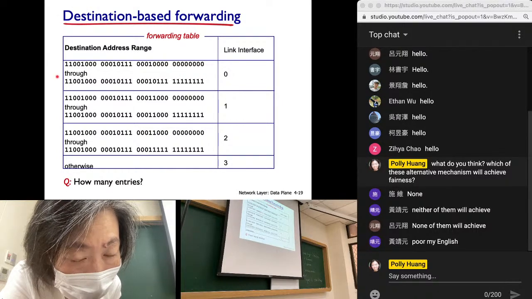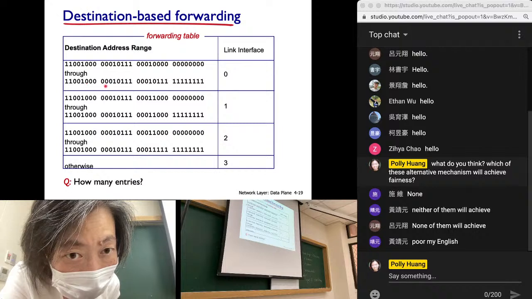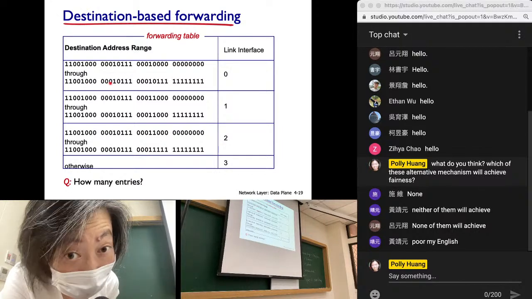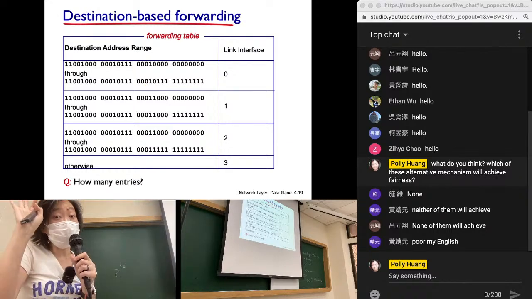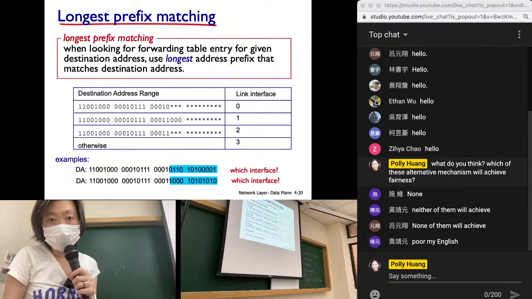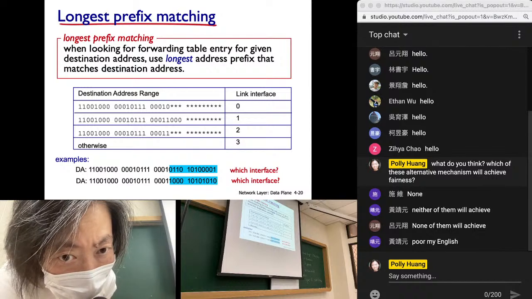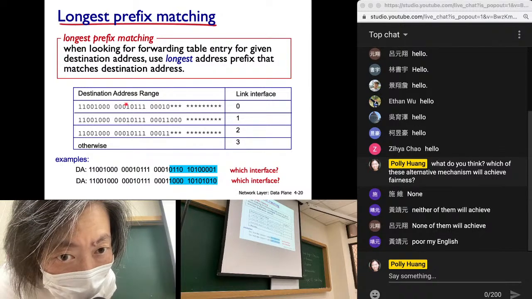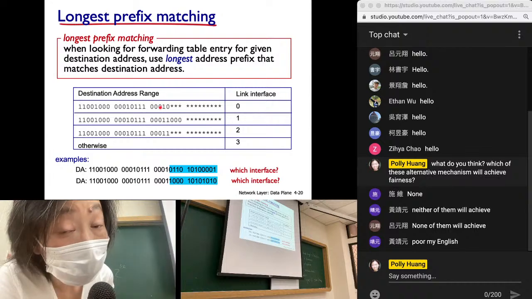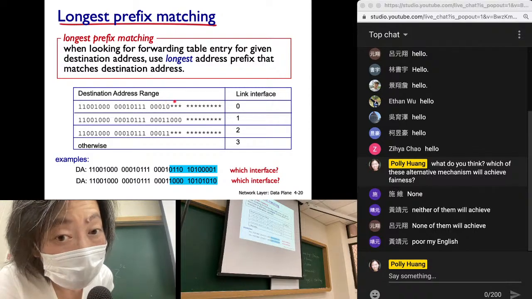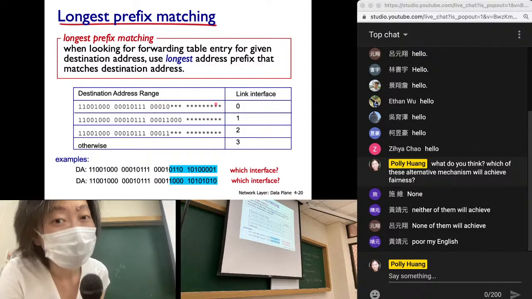Well, you see the first octet, identical. Second octet, identical. Third octet, match to where? Only the first 5 bits match. So you see down here, the first 2 octets, the third octet matches to the first 5 bits, and all the rest, wildcards.